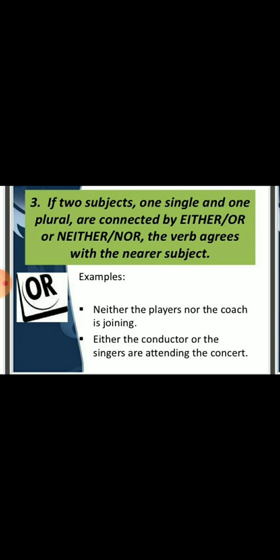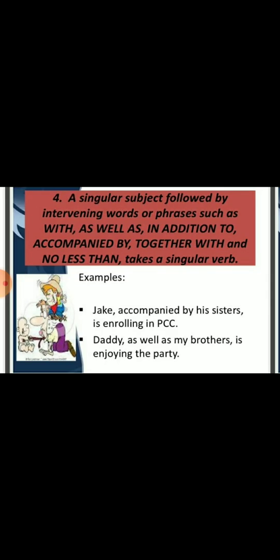That is why, according to "coach", a singular subject, "is joining" comes. Either the conductor or the singers are attending the concert. "Singers" here is the nearest one, that is why "are attending the concert". According to that, we will use the verb.